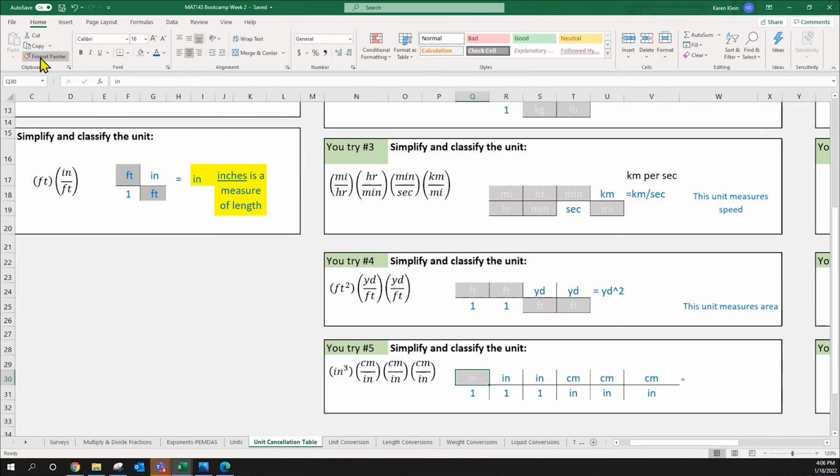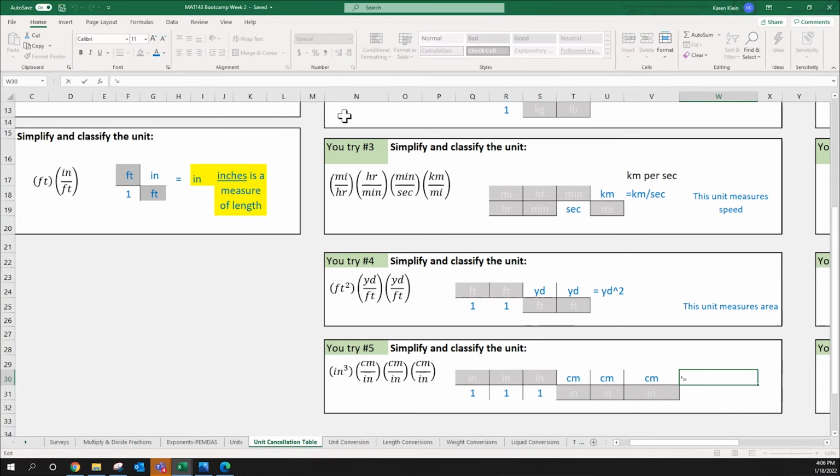So we have inches gone. This inch pair is gone. We have this inch pair also gone. So I'm left with 3 of those centimeter units. So I have to have centimeters to the 3rd power.